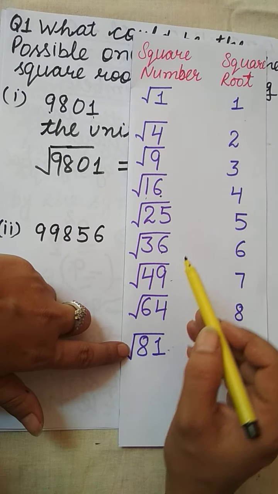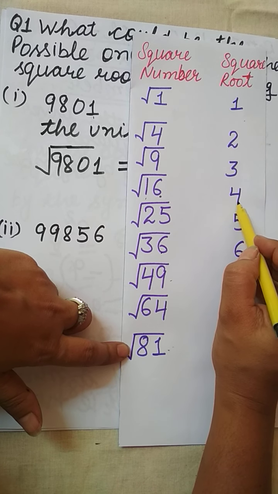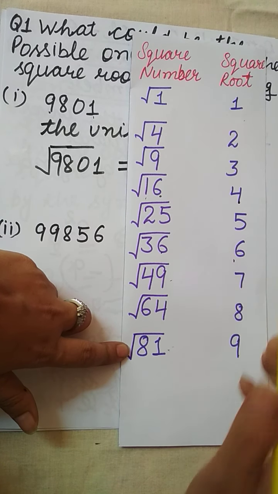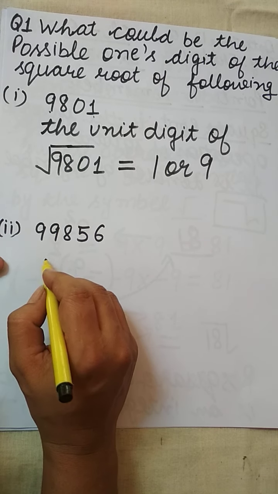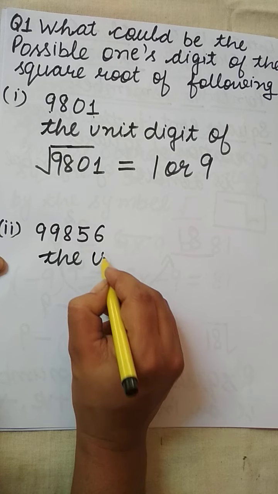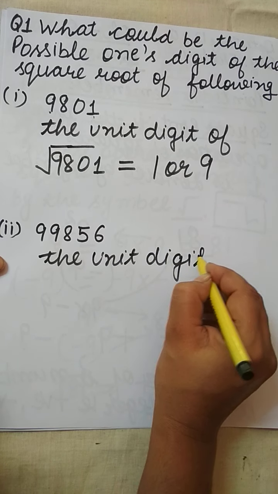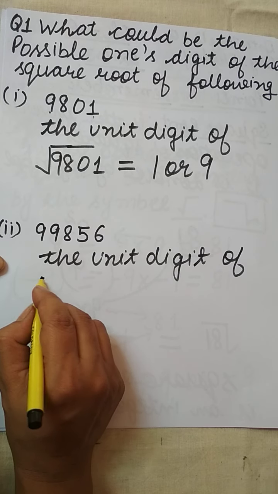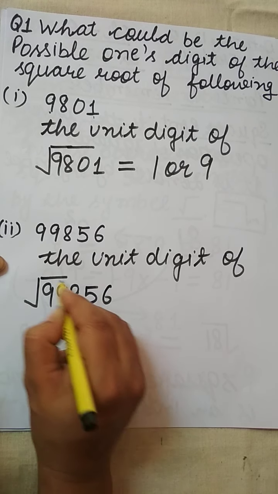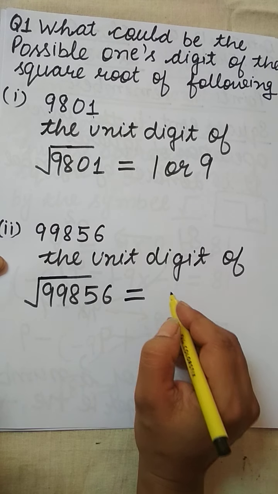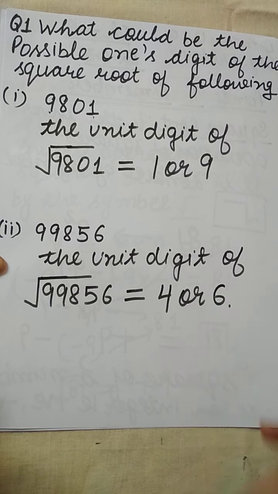So we can say that the square root will have unit digit either 4 or 6. So we can say that the unit digit of square root 99856 is equal to 4 or 6.